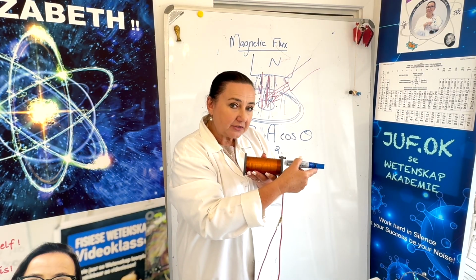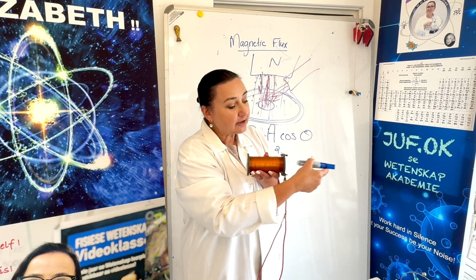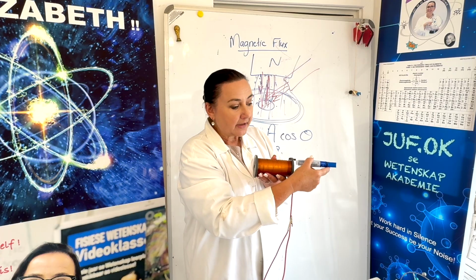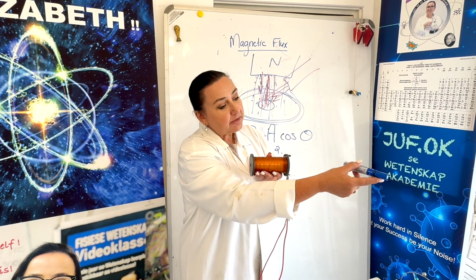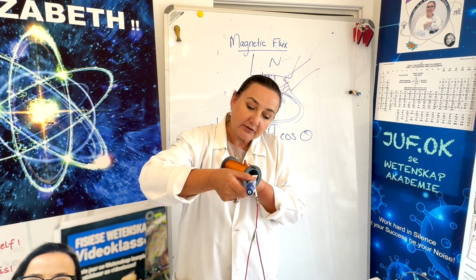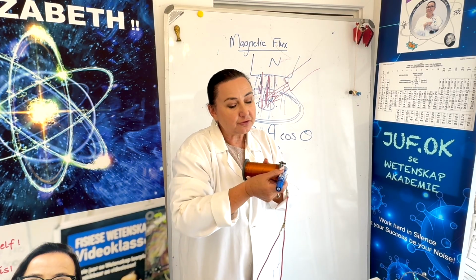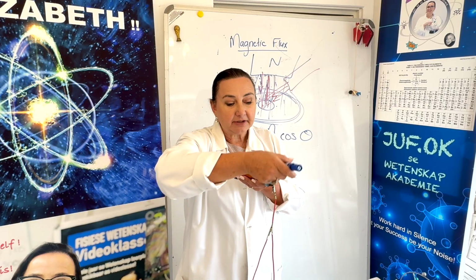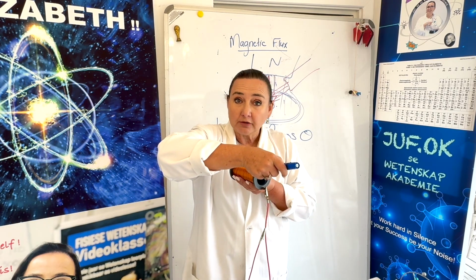And then we're going to determine that cos theta, the angle, is the angle between the normal and the direction of the magnetic field lines. So if the magnetic field lines are hitting my area with an angle like this, I'm not going to look at the angle to the area. I'm going to look at the angle that it forms to the normal.